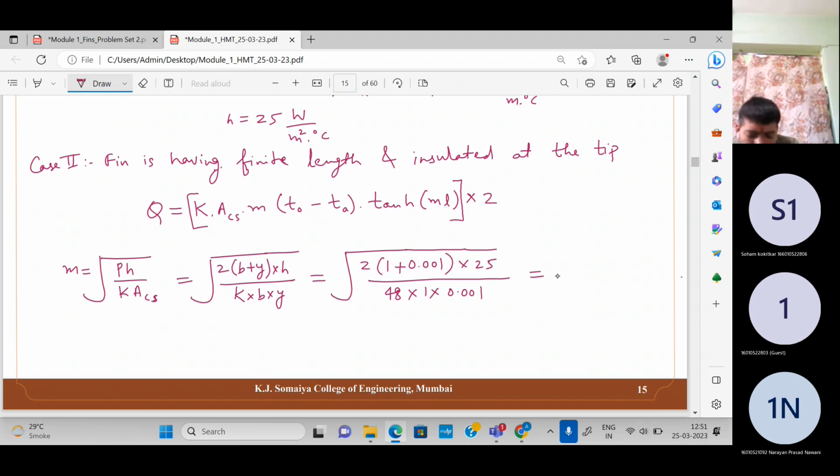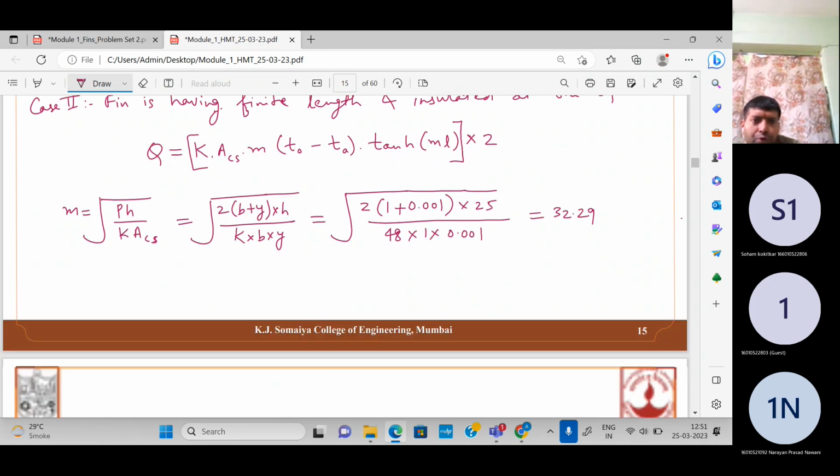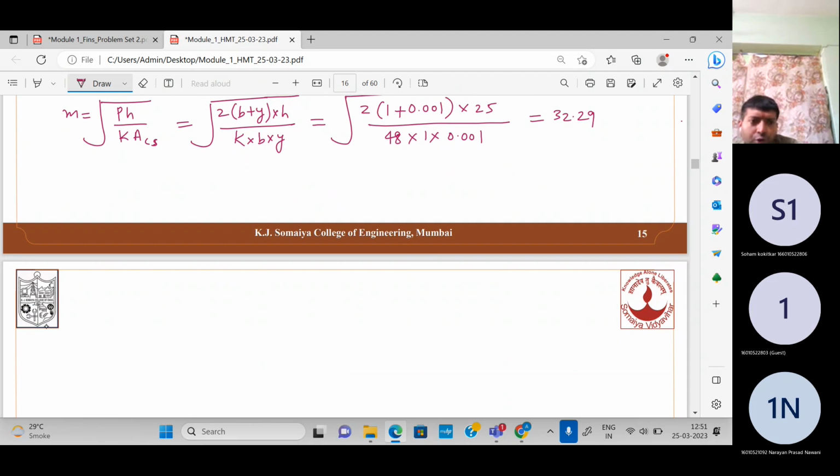Let's calculate this. The value of m is 32.29. Now put the values for calculating Q. So Q is equal to K, so K is 48.